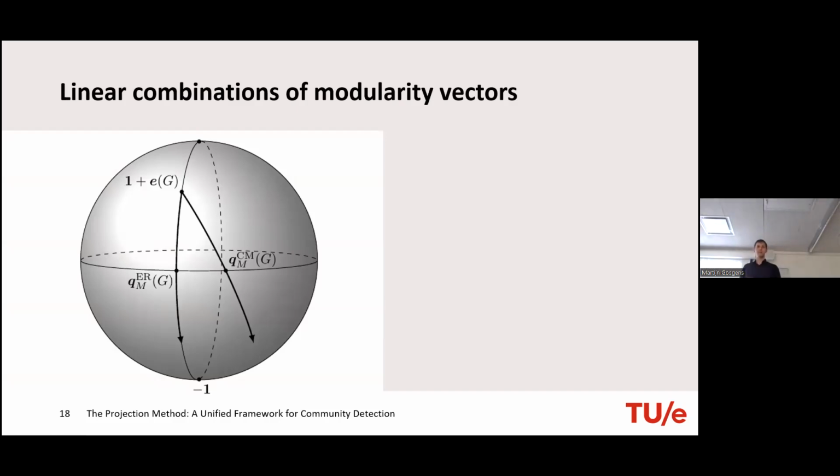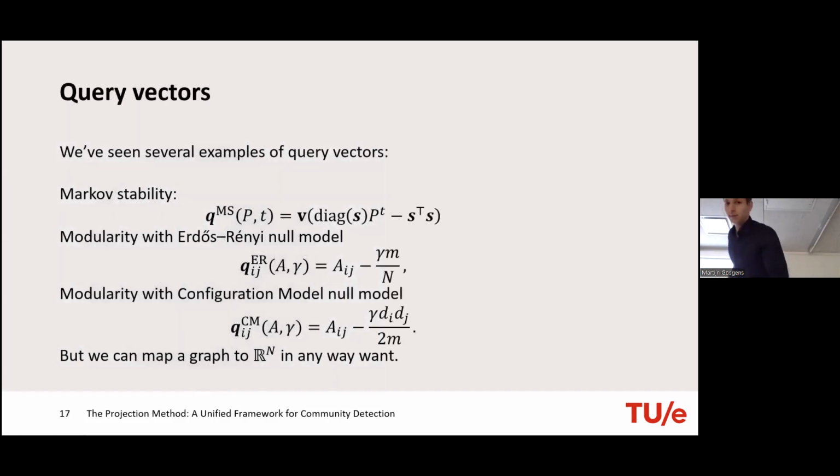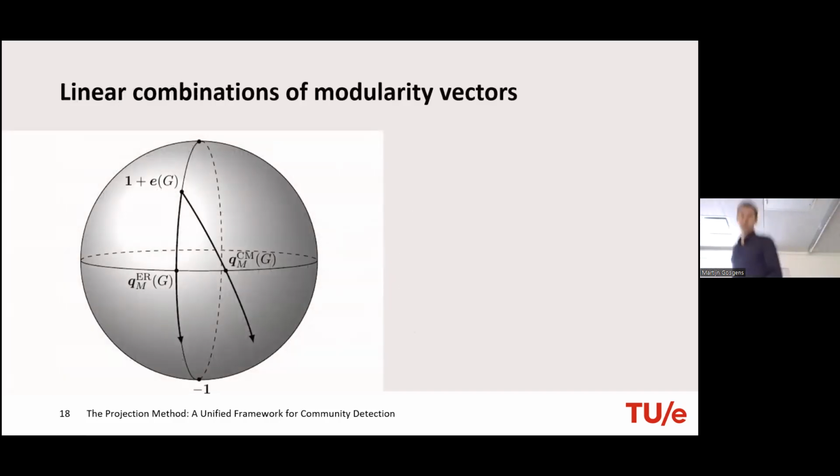For this Gösgens null model, you have a multiple of this all one vector that you're subtracting, so this line corresponds to a meridian on a hypersphere. But for the configuration model, it corresponds to a line that is not a meridian but crosses the equator at an angle not equal to 90 degrees.